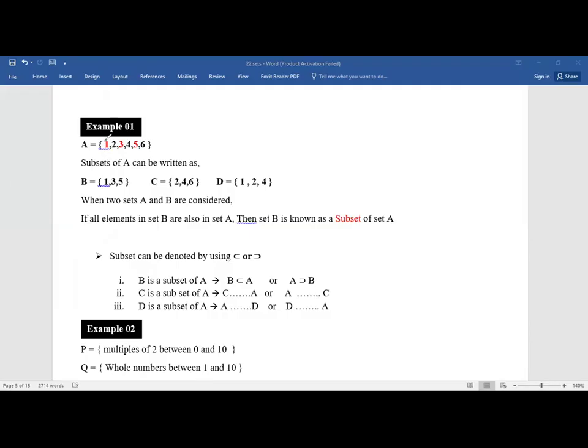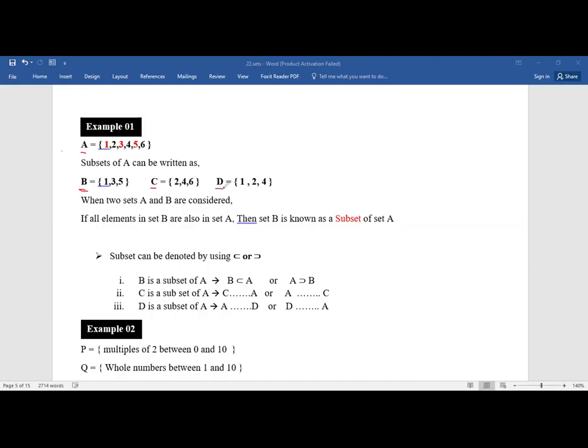So our example number 1 is, there is a set A: 1, 2, 3, 4, 5, 6. Subsets of A can be written as 1, 3, 5. I have named it B. And another subset can be written down: 2, 4, 6.